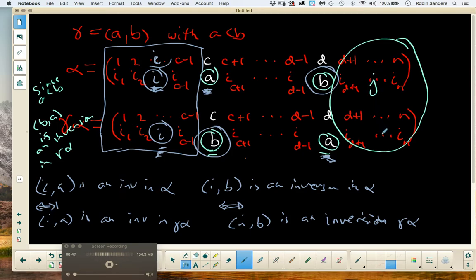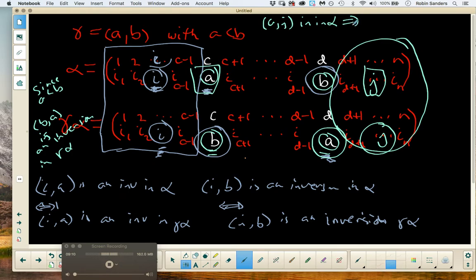If I have a J out here, if this A and that J is an inversion inside alpha, then this A and this J is going to be an inversion inside of first do alpha, then do gamma. So that ordered pair will also be an inversion in first do alpha, then do gamma.